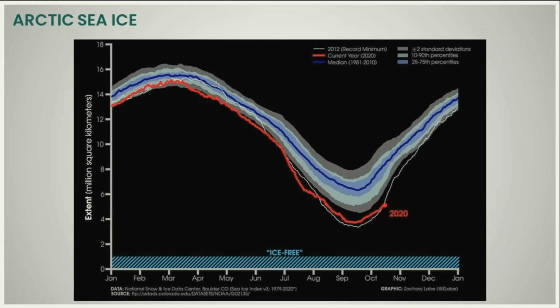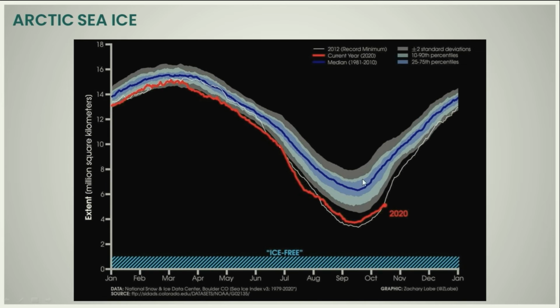Another effect is that the sea ice has been, as I showed already, disappearing, but it doesn't just disappear in summer, it disappears all the way through the year. And here we have several years of record of Arctic ice extent during the spring and summer and then the autumn.